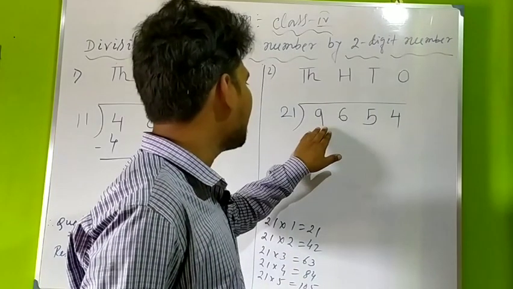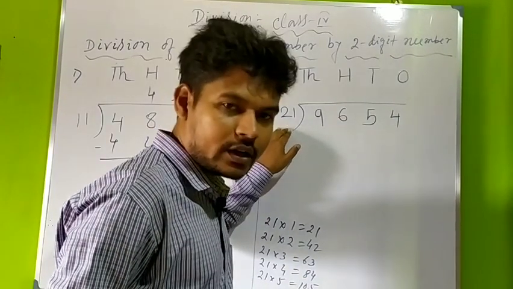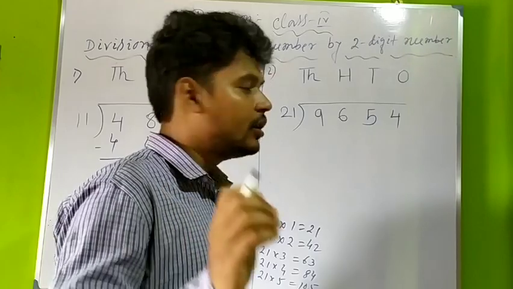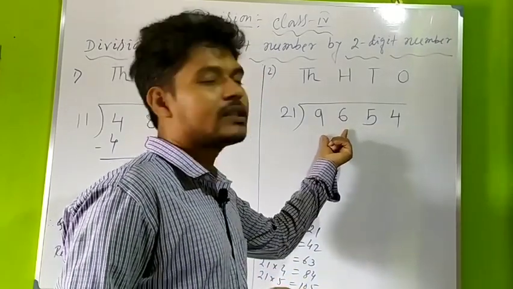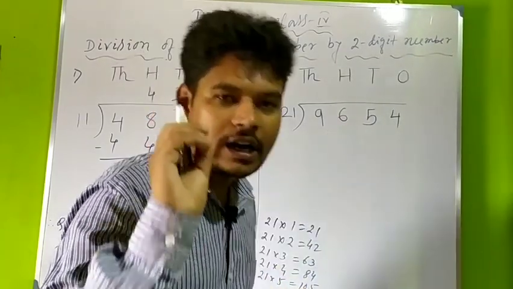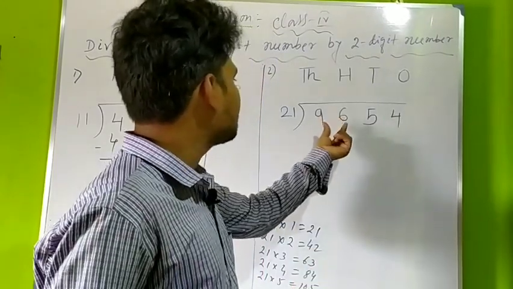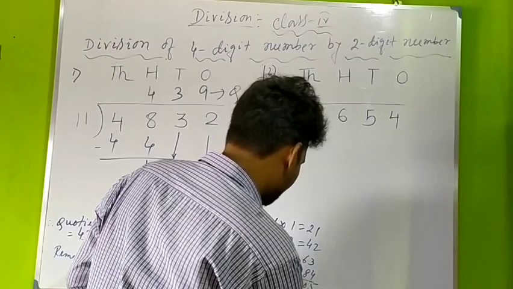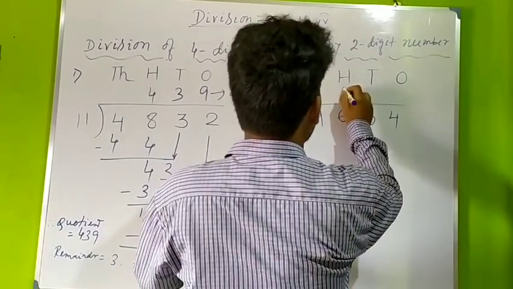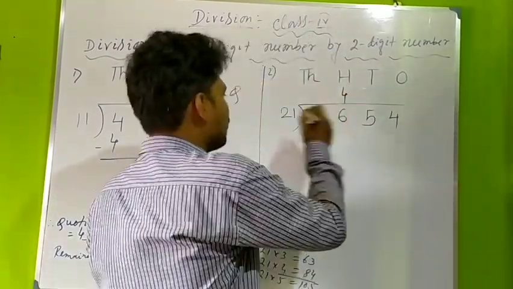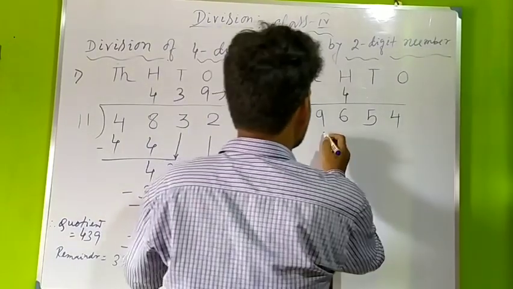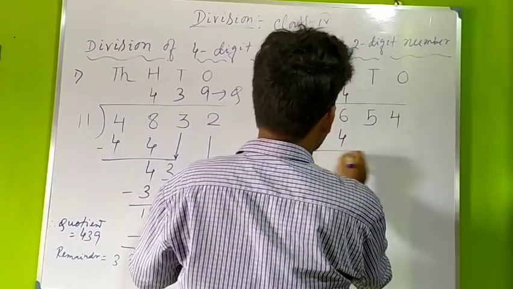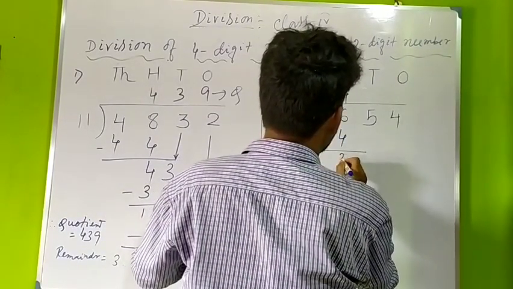As 9 is smaller than 21, you have to take 2 digits, that means 96 hundreds, 9600. So we divide 9600 by 21. We write down 4 at the hundreds place. So 4 into 21 is 84, minus, that gives 12.